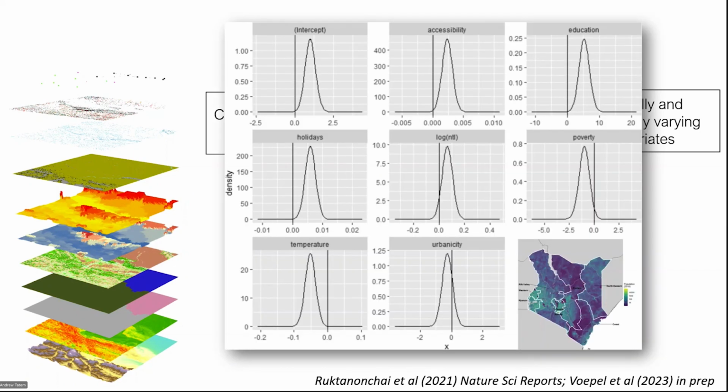We tested this, and this is a difficult one to understand, but the further that distribution is from the line, the stronger that covariate was in describing the seasonal changes in mobility. So we see things like the timing of the holidays, rates of poverty, urbanicity, in this case testing for Kenya, explaining some of those seasonal movements quite strongly.